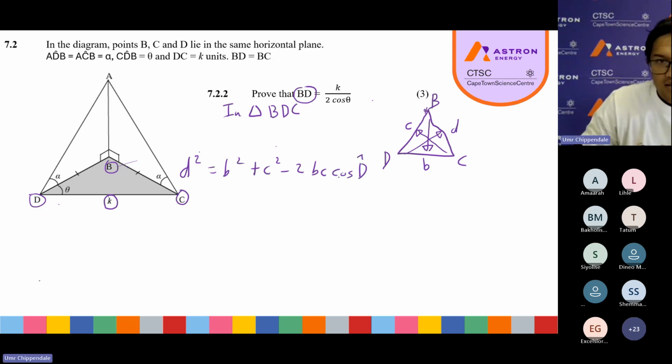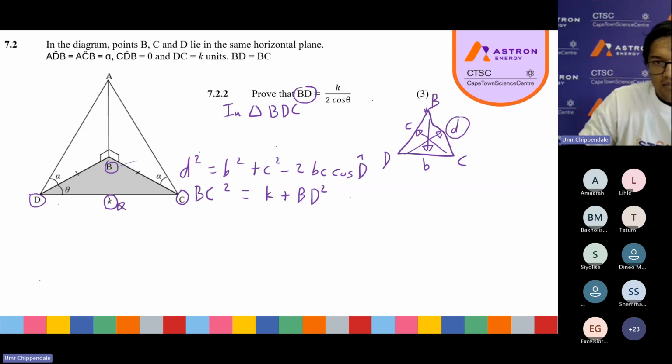Now, what is side d? That is our BC. You can see that is the line BC. So it's going to be BC squared. What is b? Well, b is going to be K because that is found over here. Plus, what is c? c is going to be BD squared.